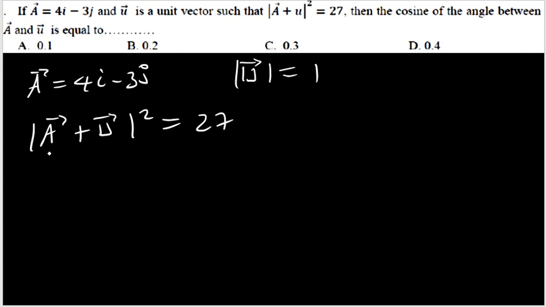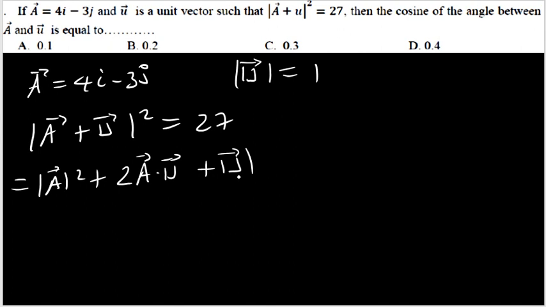First of all, magnitude of A plus u the whole square is equal to magnitude of A square plus 2 times A dot u plus magnitude of u square. This is given 27.